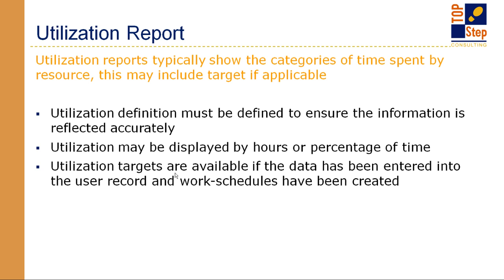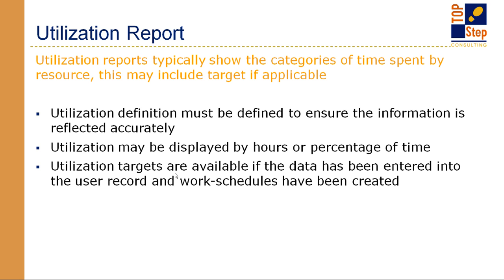Most people are doing these. I just happen to be doing them manually, and the better the data is managed and maintained in the system, the greater the ease of use you have in pulling these reports. So utilization, you can look at it a couple different ways. The biggest thing is to understand and define how an organization defines their utilization. What are the hours per year? What's included in the utilization?